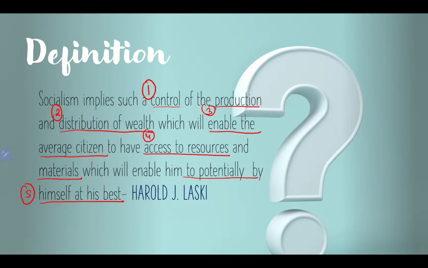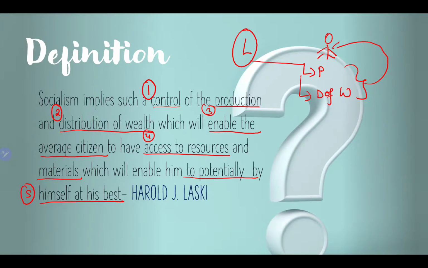Now, if this one is a person, socialism implies the control of production as well as distribution of wealth. And why this control? In order to benefit the average person in a society, because there are different kinds of persons. One may be rich, one may be poor, one may be mediocre, one may be BPL, below poverty line.